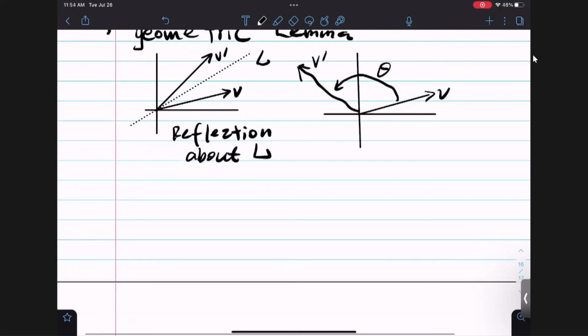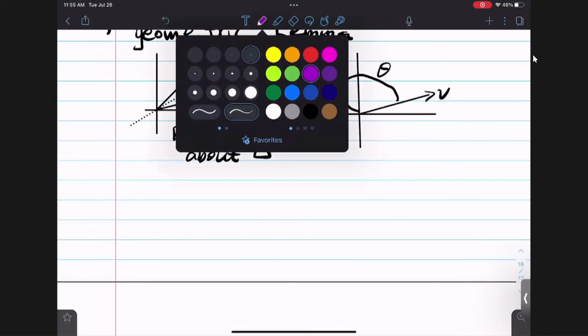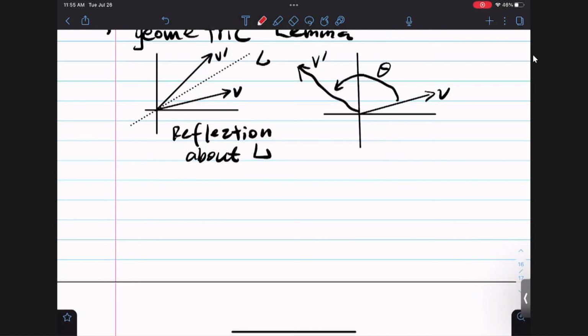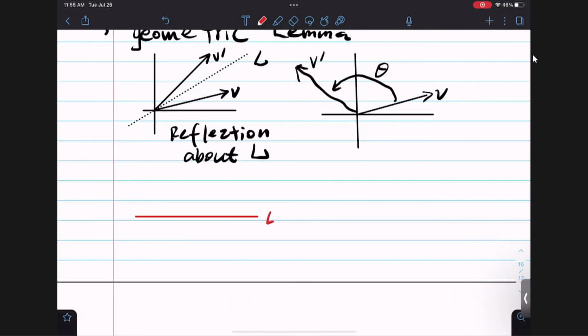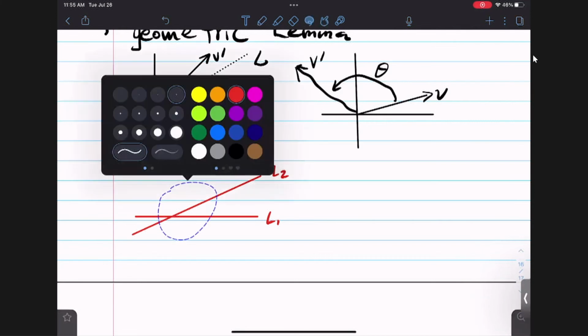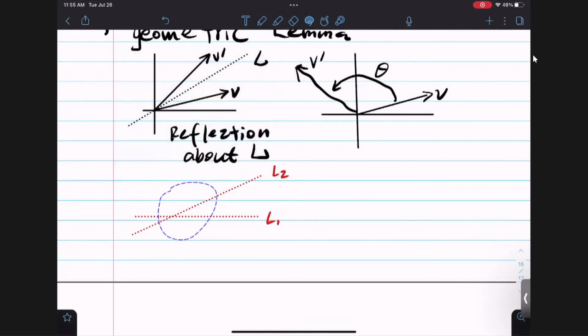Really two simple geometric operations. But what's interesting is, suppose we consider two lines, L1 and L2, and a vector V starting here. I want to reflect V about L1 and then follow with a reflection about L2. Let's see what we get.